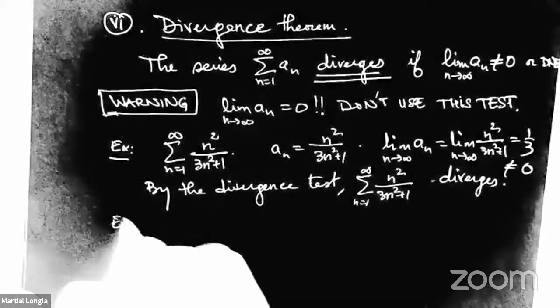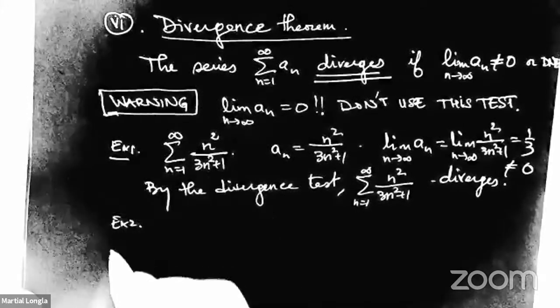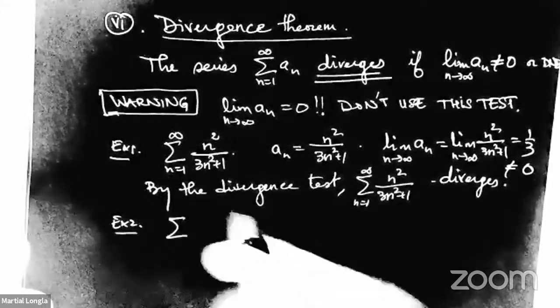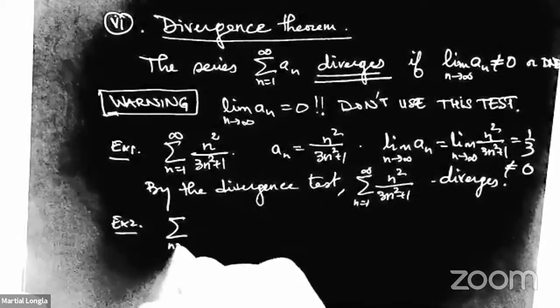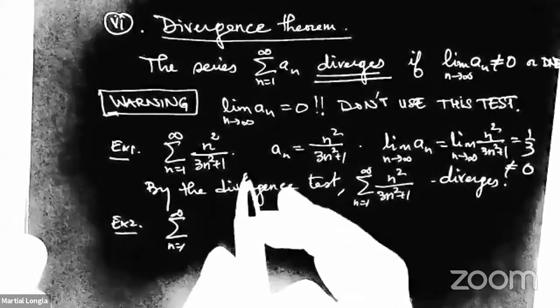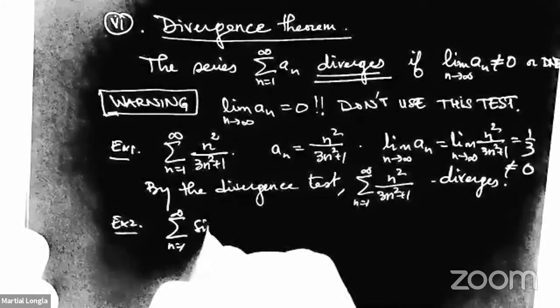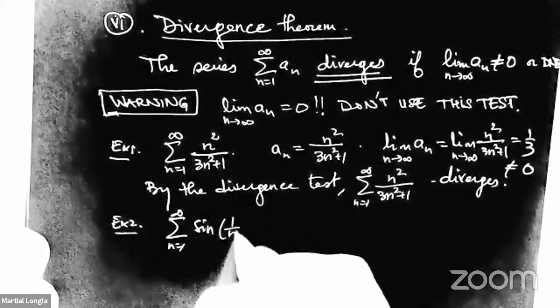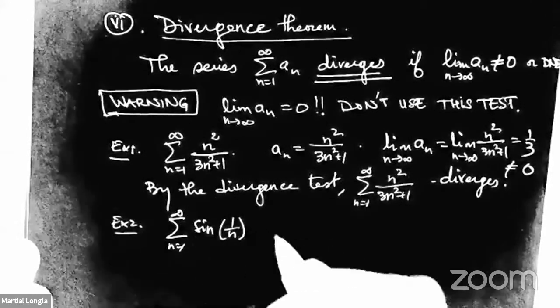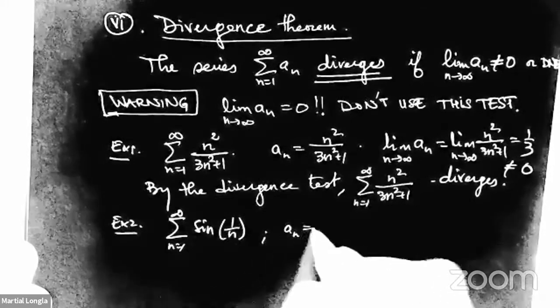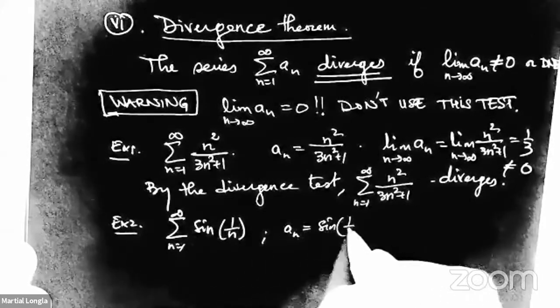If you get another example, if you have sum n from 1 to infinity of sine of 1 over n, here a_n is sine of 1 over n.